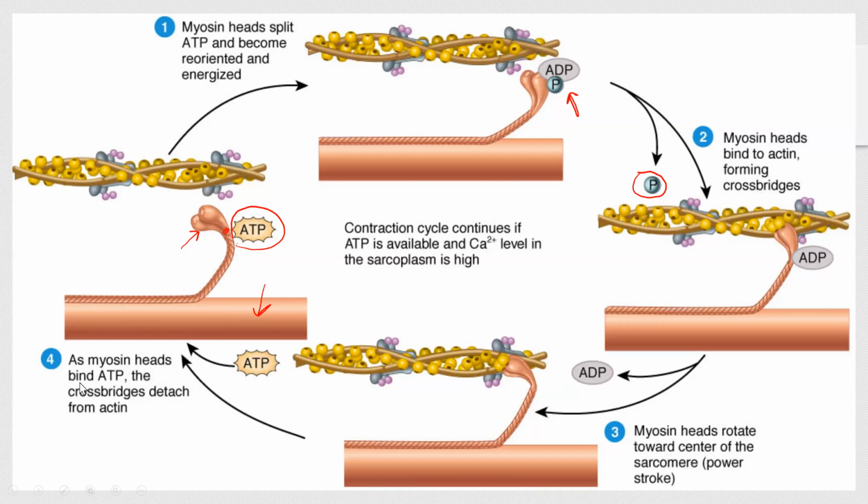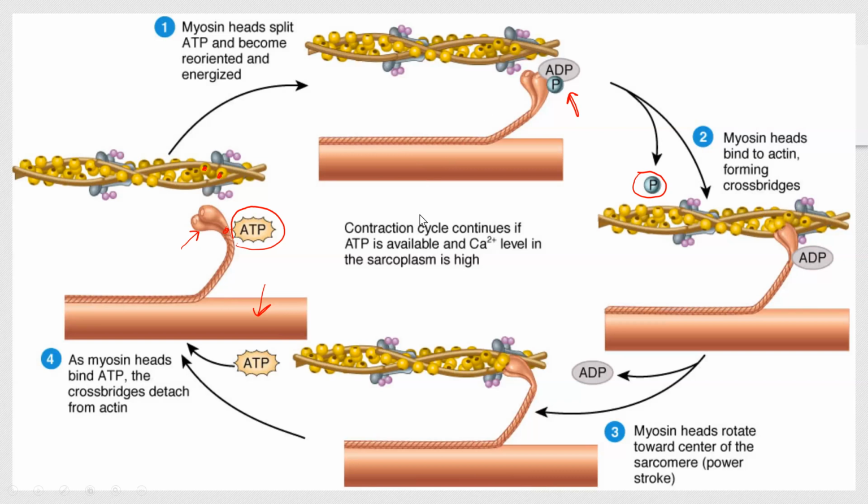So as the myosin head binds to ATP, the cross bridge detaches from actin, and we start this process again. As long as we have calcium to move this tropomyosin and expose this myosin binding site that you see here in black, right? And as long as we have ATP.